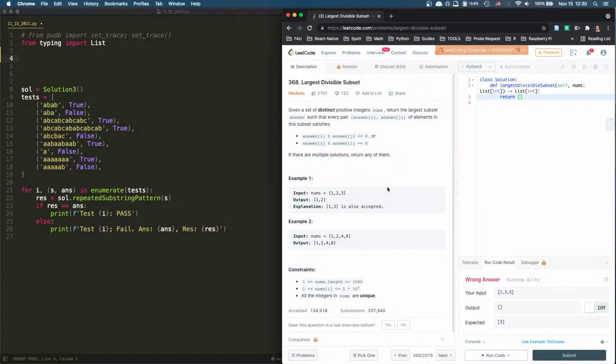Is it possible for me to not search one by one, but just go right into it? I mean, that requires me to factor, right? To find all the factors of my current value. How do I find all my factors?